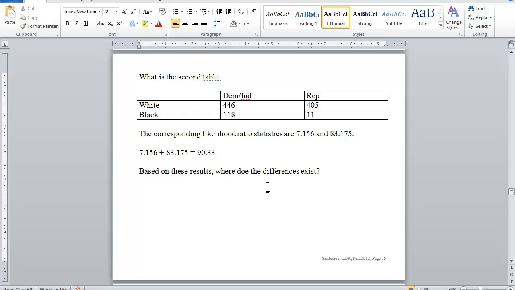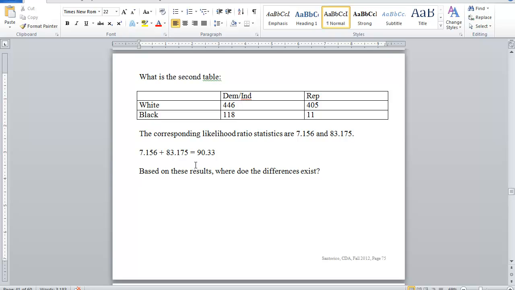So since they're 2x2 tables, what would they be compared to in terms of a distribution? Right, they'd be compared to a chi-square 1 distribution. So you still see that there is an association. For chi-square 1, a traditional critical value at the .05 level is 3.84.